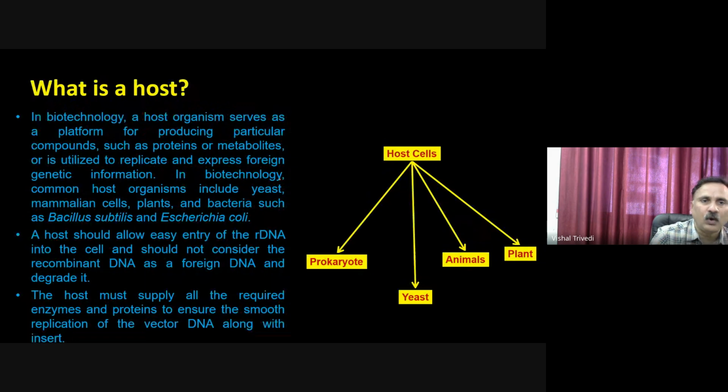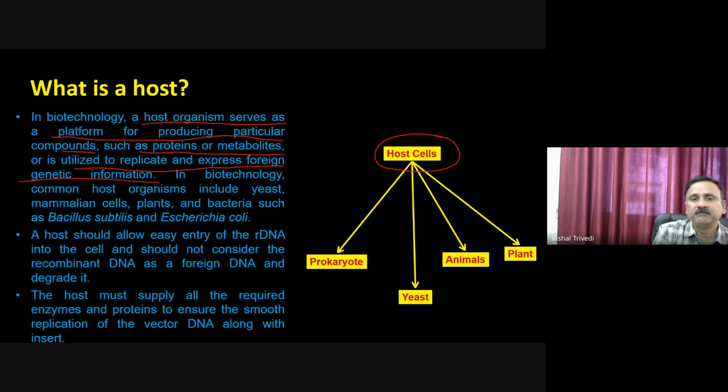Now, talking about the host, what is a host? The cell which is being used to propagate the particular type of transforming agent, right? In biotechnology, a host organism serves as a platform for producing a particular compound, such as a protein or a metabolite, or it is utilized to replicate and express foreign genetic information.